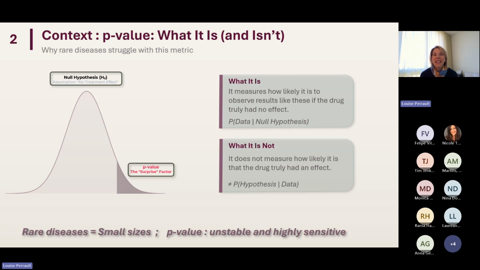Most of the time, it is not statistically significant. It sits over the p-value of 0.05. What does that really mean?